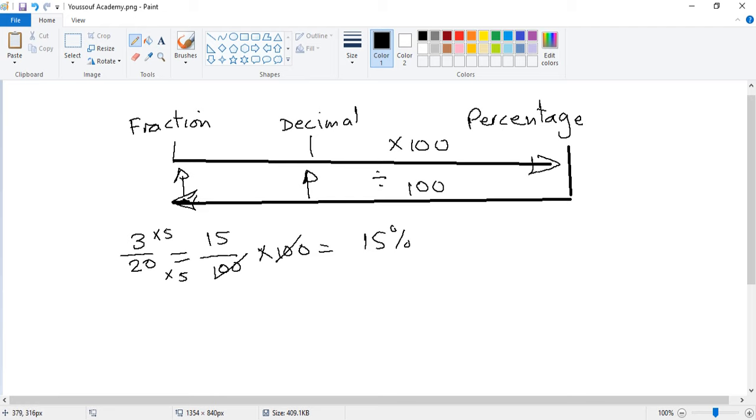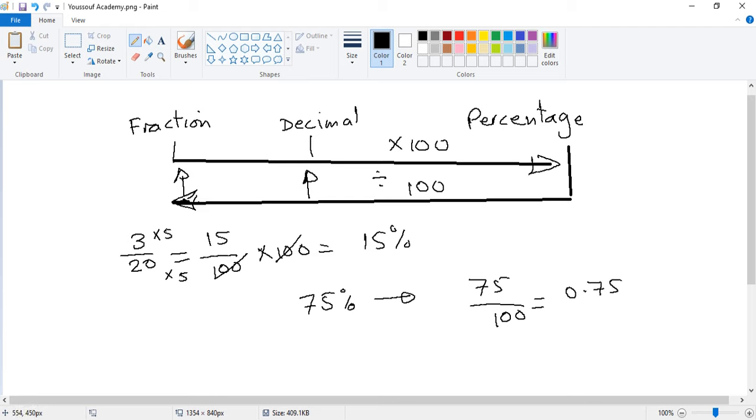Otherwise, something like that, write each of the following percentage as a decimal. 75%. To convert it to decimal, according to this rule, we have to divide by 100. So it will be 75 divided by 100 equals 0.75.